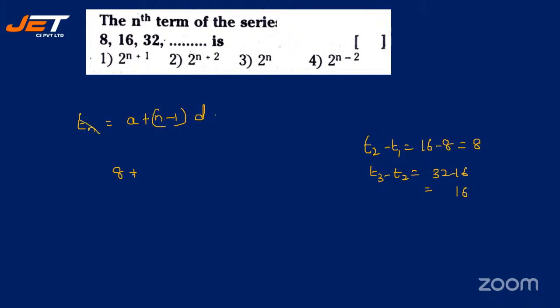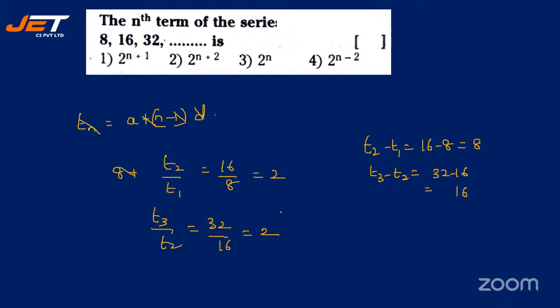Then we need to find out T2 by T1: 16 by 8, which is 2. What is T3 by T2? 32 by 16, 16 twos are 32. So this is GP, that is geometric progression.